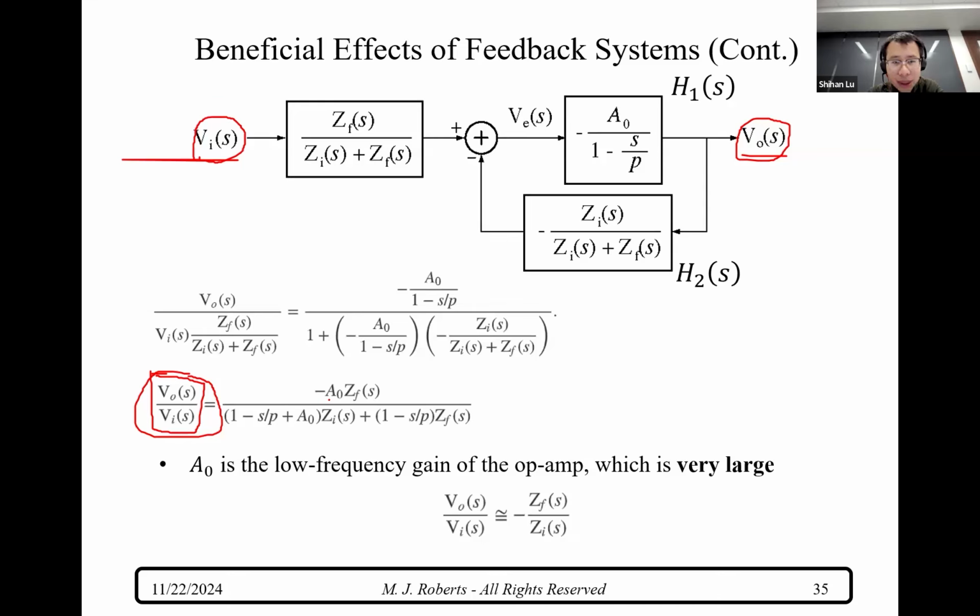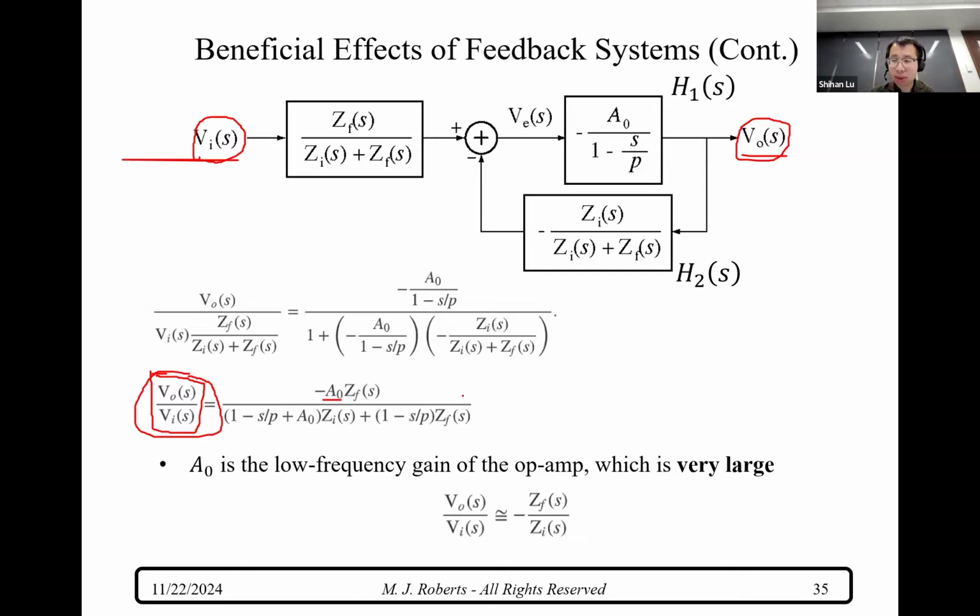So A naught. A naught is typically what you receive when you get an operational amplifier, or op amp. A naught is the low frequency gain of this op amp, which is typically pretty large. What's the range of the low frequency? That depends on the specific op amp you are using.